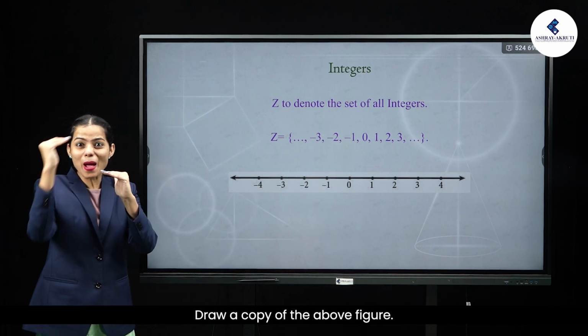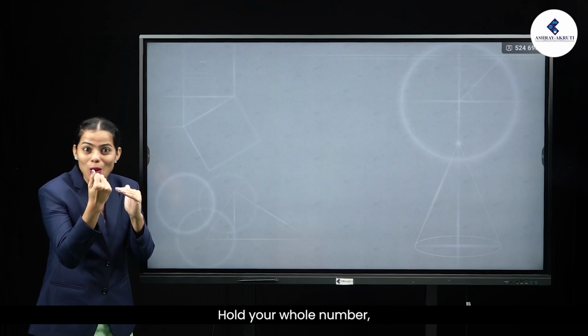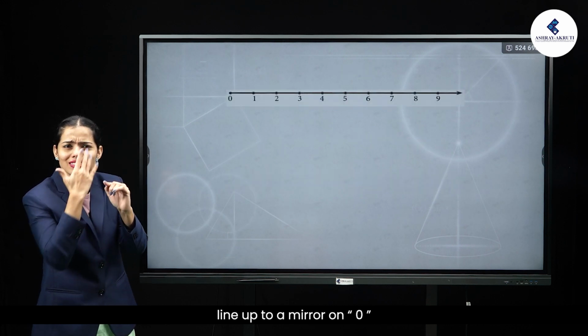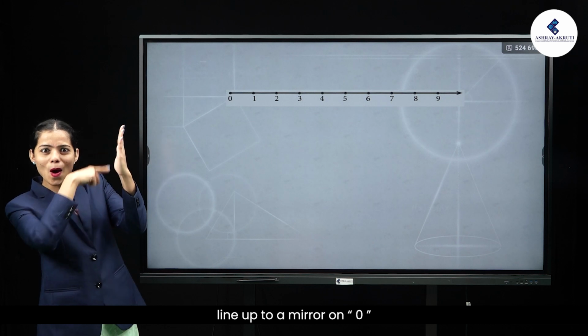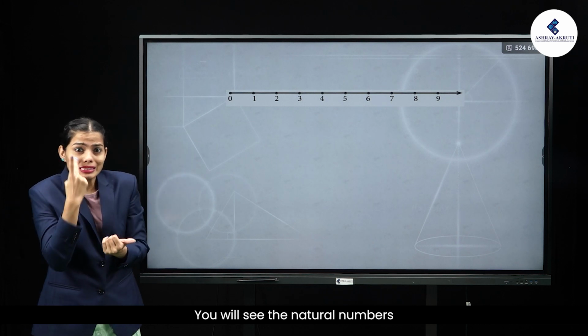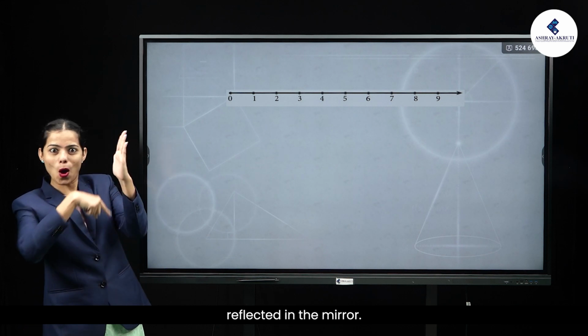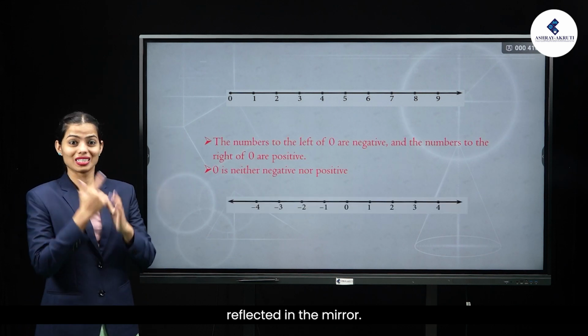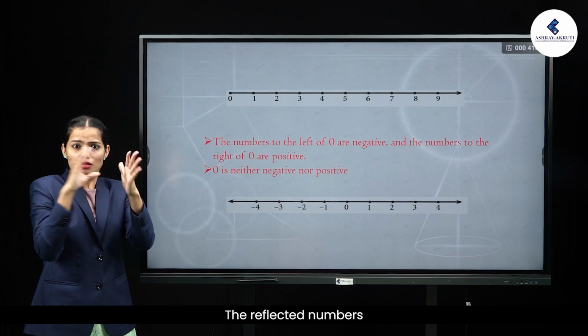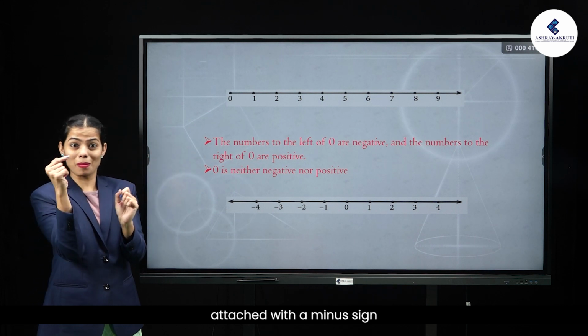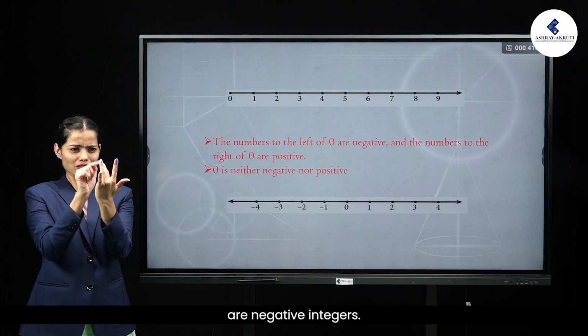Draw a copy of the above figure, hold your whole number line up to a mirror at 0. You will see the natural numbers reflected in the mirror. The reflected numbers attached with a minus sign are negative integers.